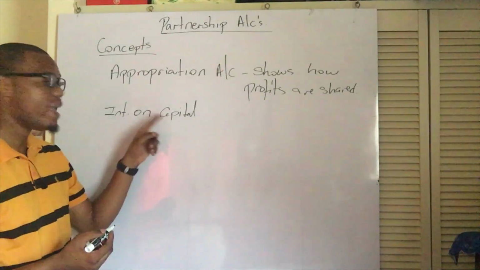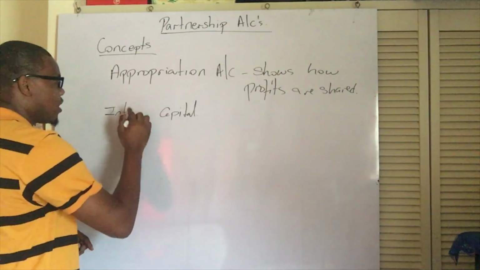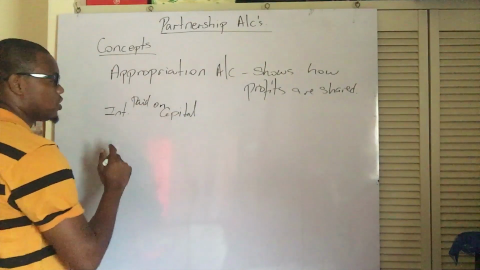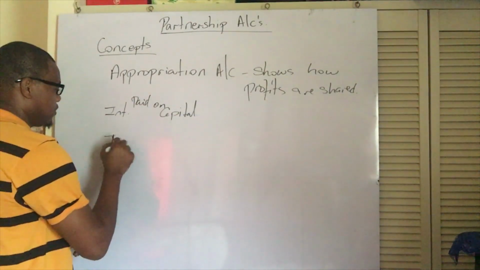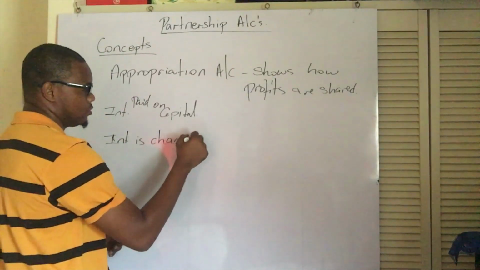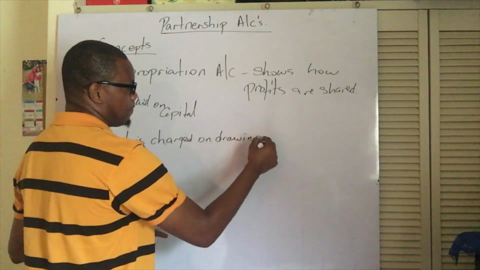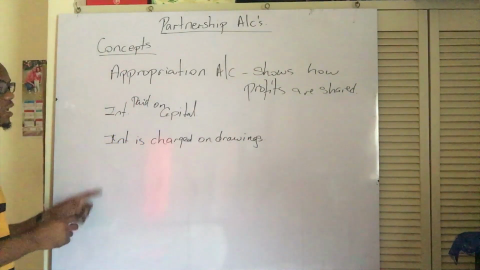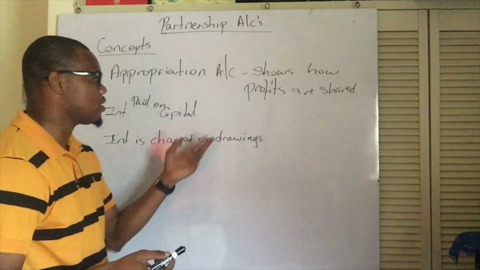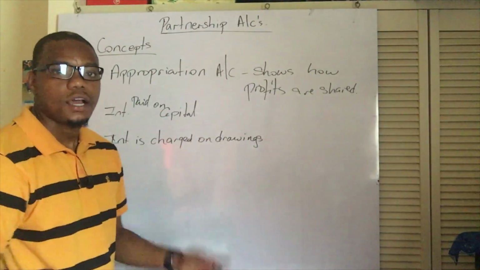So interest is said to be paid, not charged, on capital. But interest is charged on drawings, to discourage the partners from withdrawing too much money out of the business, because that can run the business into bankruptcy.